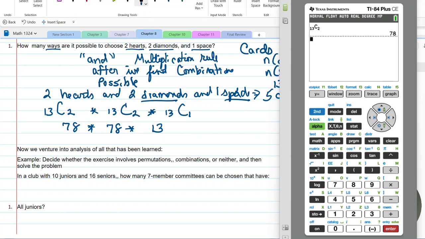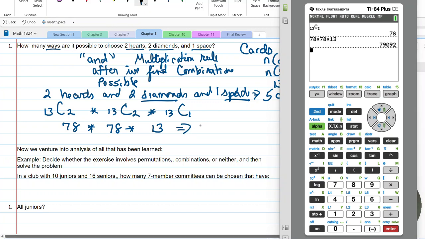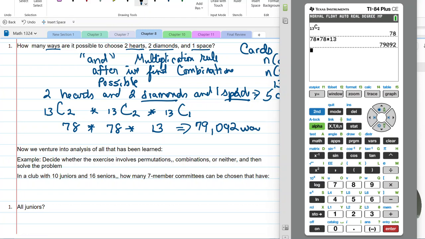And so we're going to multiply those. And we get 79,092 ways to get 2 hearts, 2 diamonds, and 1 spade. And whatever fashion it's dealt, that's how we would do that.